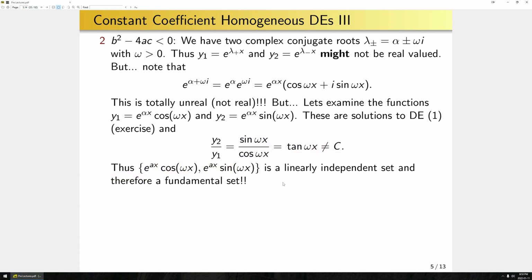So in this case, the general solution is written as an arbitrary linear combination of these functions here, where I will fix the a and replace it with alpha now. This is kind of an interesting problem if you actually think about it. We started with something completely real valued, a real valued ordinary differential equation where everything was real. We went to try to find a solution. We end up going to the complex number system to find something that kind of works, but it's complex.